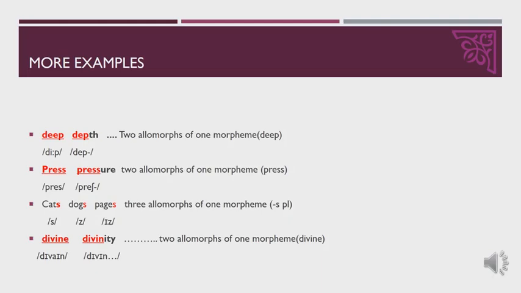I cannot pronounce pages with an /s/. Each one should occur in its own position, and there are rules for pronouncing the S plural. So, the S plural has three allomorphs, and these allomorphs are in complementary distribution.